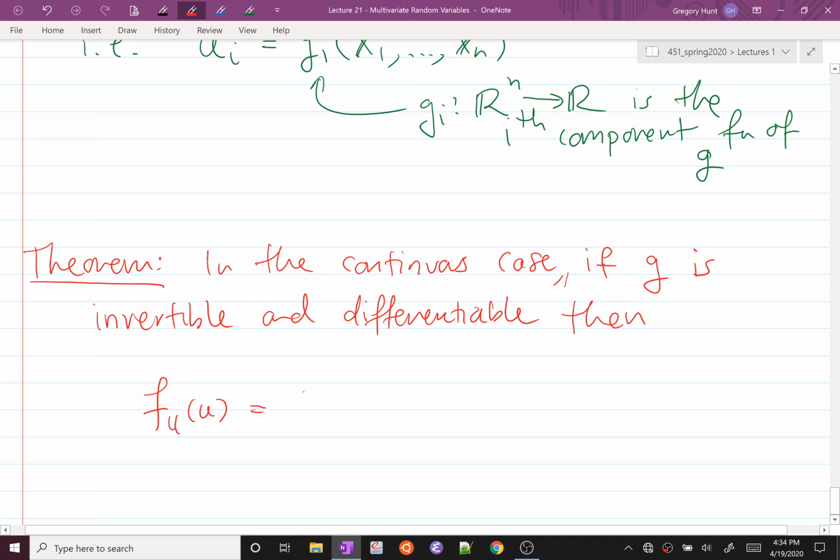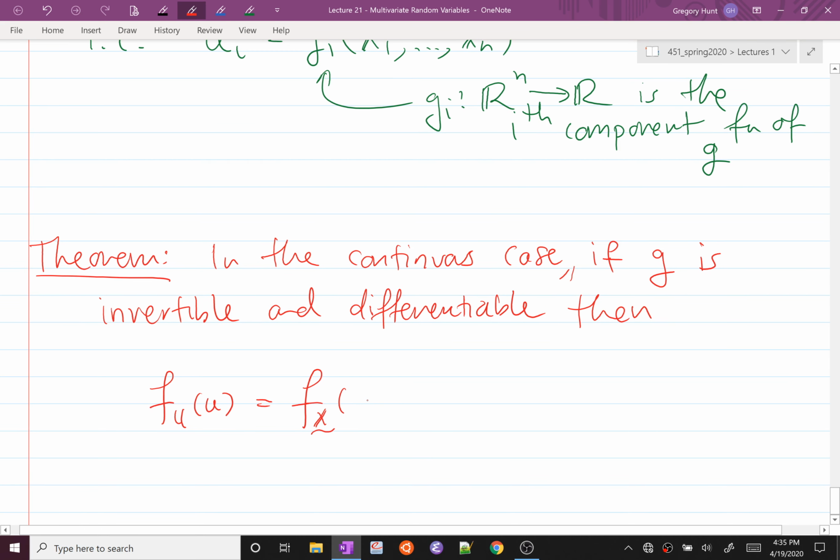It is, if I take the joint PDF of X and evaluate it at g inverse of u, and I multiply by the absolute value of the determinant of the Jacobian matrix of the inverse. So the derivative of g inverse with respect to u. So I'll write it like that.